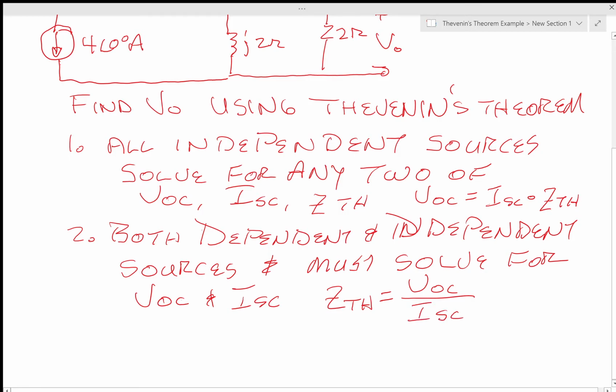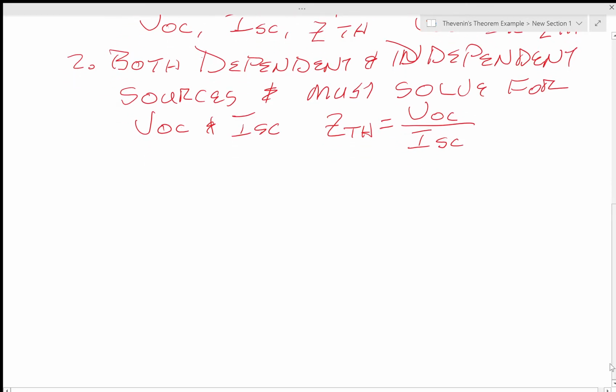And then the third method is the electronics method. The problem with electronics, I don't teach electronics in this class anymore, so I'm not teaching this. But just for the heck of it, we'll touch on it real quick. The third way is all dependent sources.